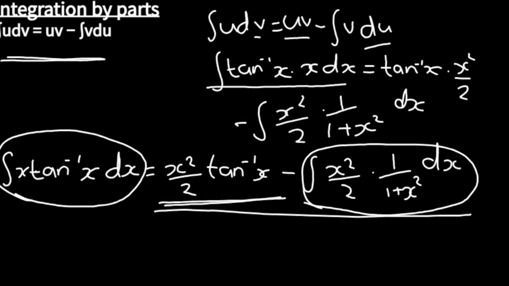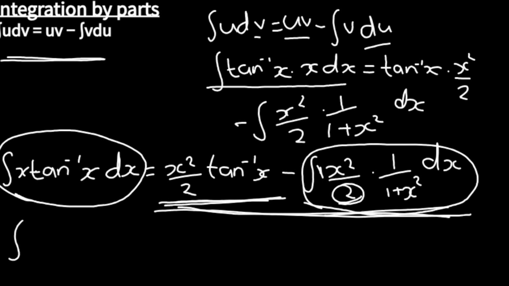When we find the integral of this, we can substitute it back into this expression. We have a constant in this integral, this 2 here, which is the same as a half.